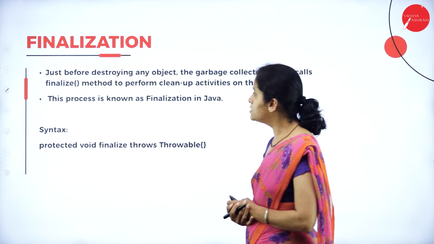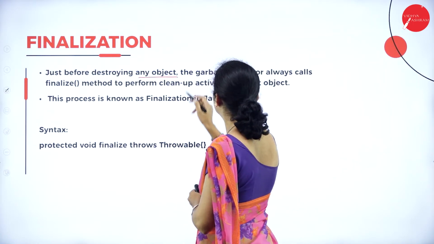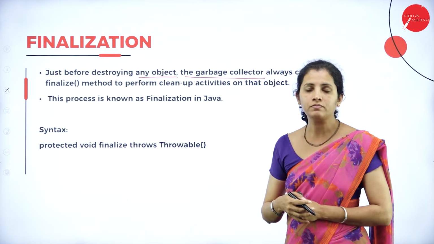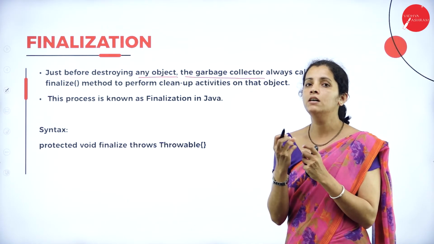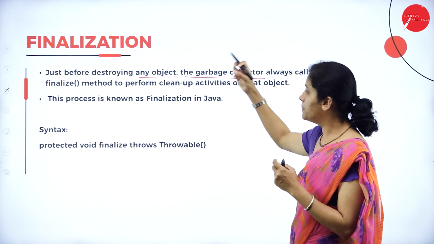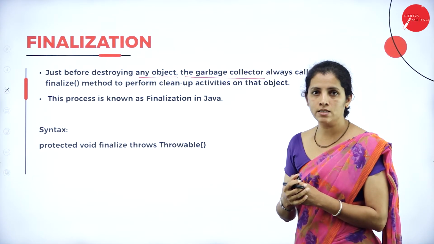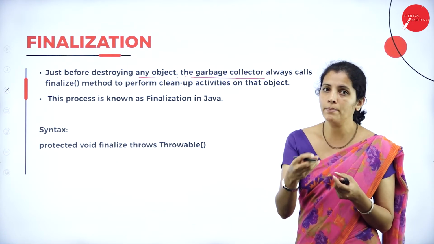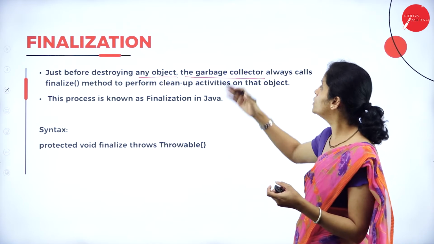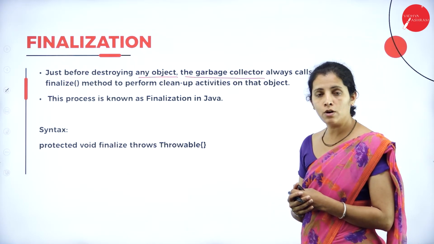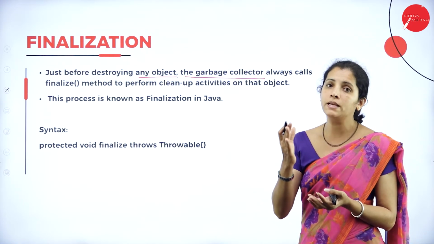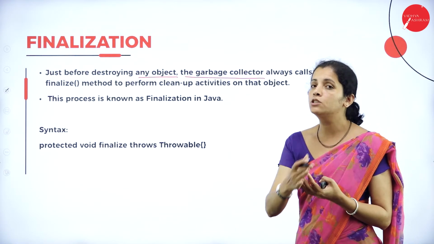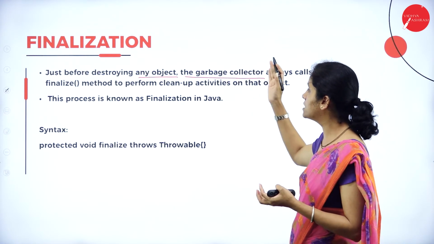Just before destroying any object, the garbage collector always calls finalize. So dear student, there is a connection between the garbage collector as well as the finalizer. Suppose I want to make use of the finalize method in my program, then I must use the garbage collector, because first the finalize method is going to be called. Once it is called, the next to be called is the garbage collector.